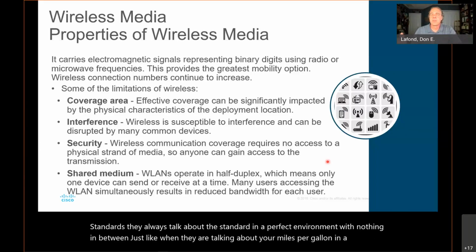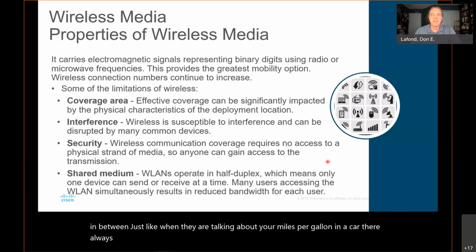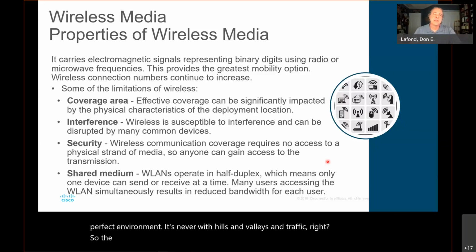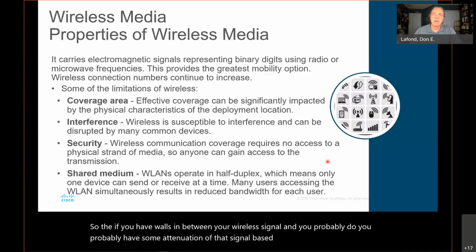It's never with hills and valleys and traffic, right? So if you have walls in between your wireless signal, and you probably do, you probably have some attenuation of that signal based on what type of wall it is, how many walls there are, etc.